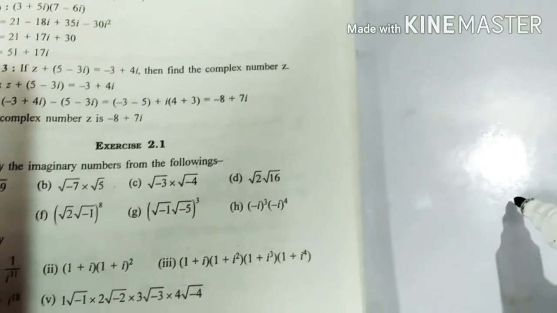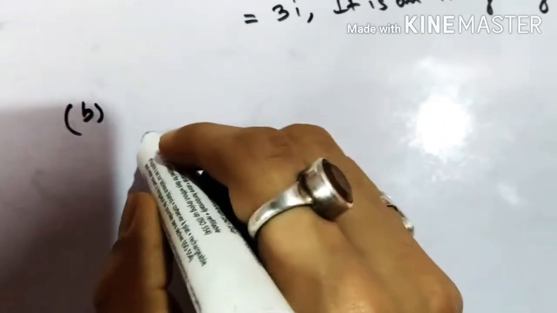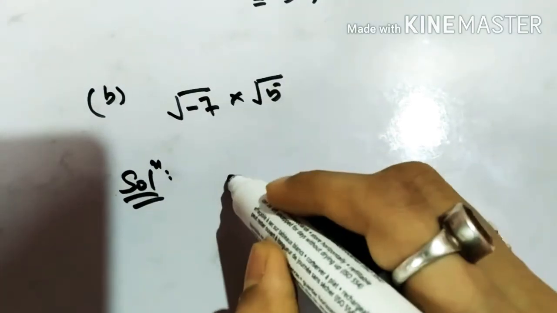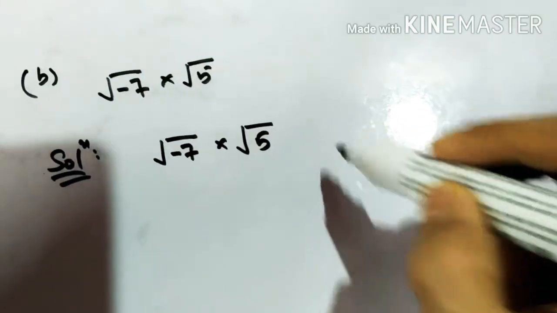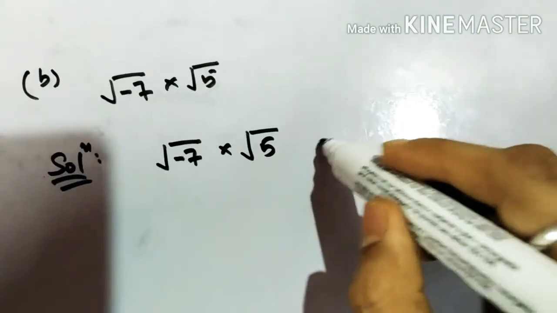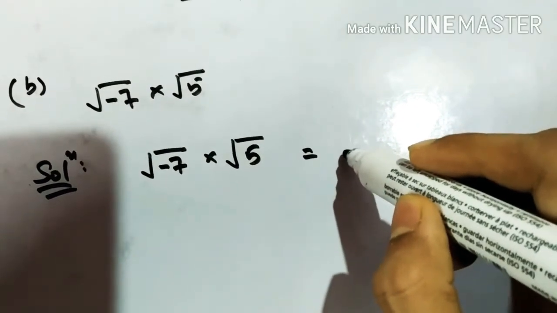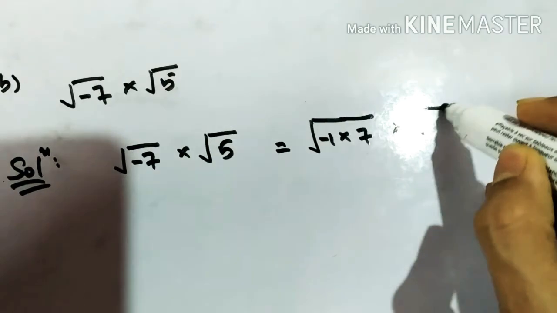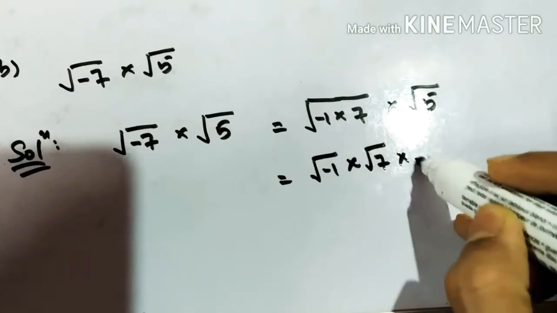Next it is number b, root over minus 7 into root over 5. This root over minus 7, I can write it as root over minus 1 into root over 7 into root over 5.